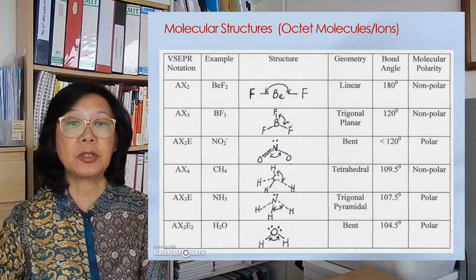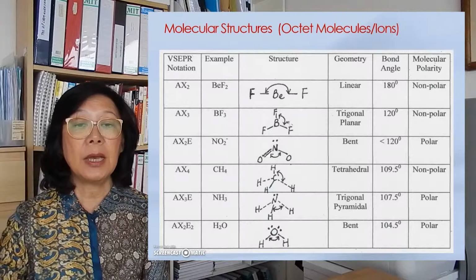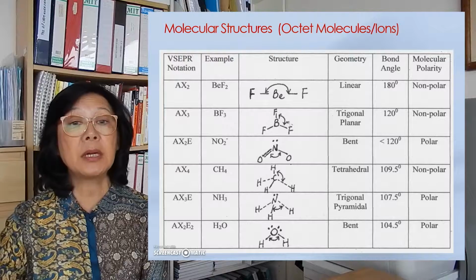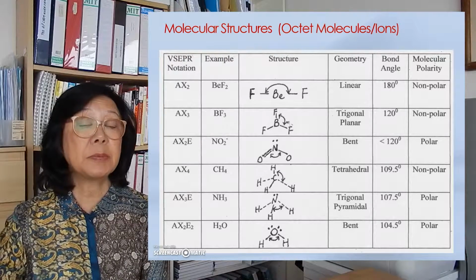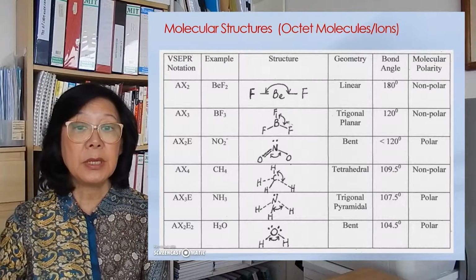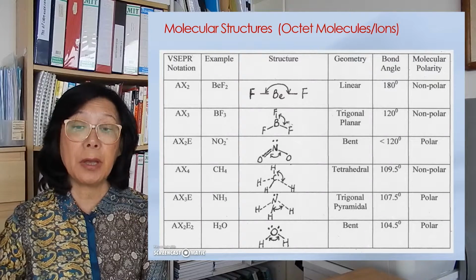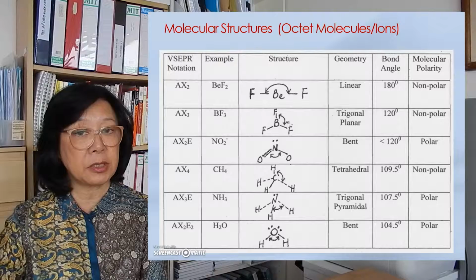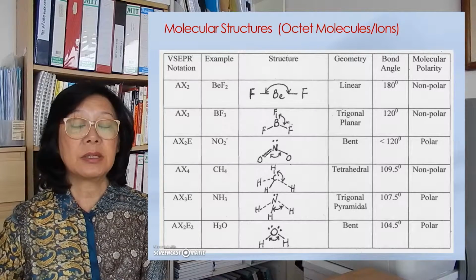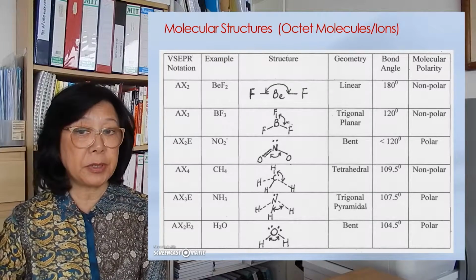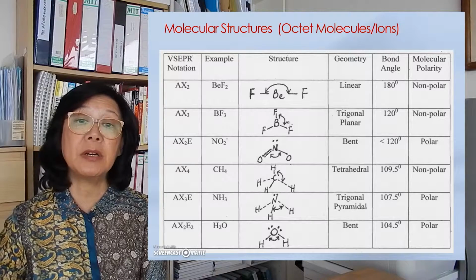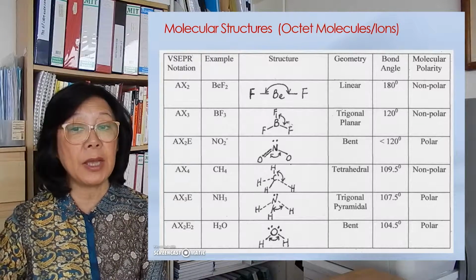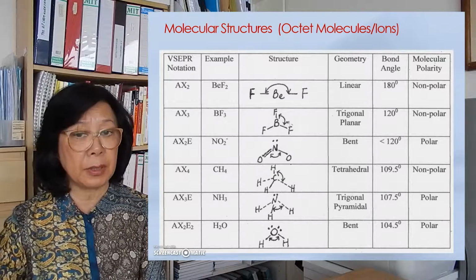Now here's a chart. Let's go through that carefully. A represents the central bonding atom, X represents the atoms bonded to the central atom, and E represents the lone pair of electrons. So with the first one, VSEPR notation AX2, meaning there's one central atom and two bonding atoms, such as beryllium fluoride, resulting in a linear shape with a 180-degree bond angle, nonpolar molecule.